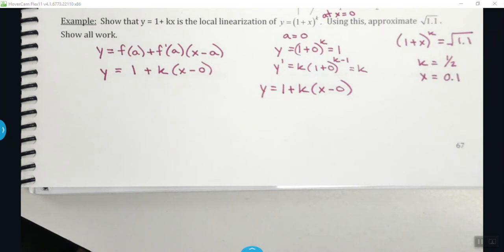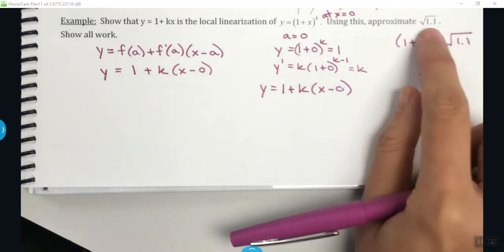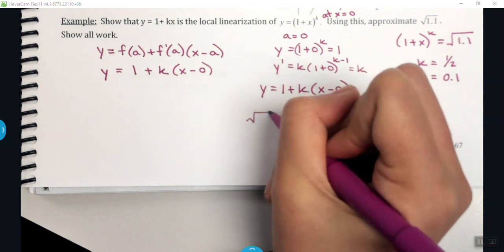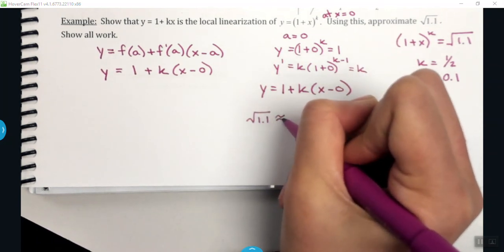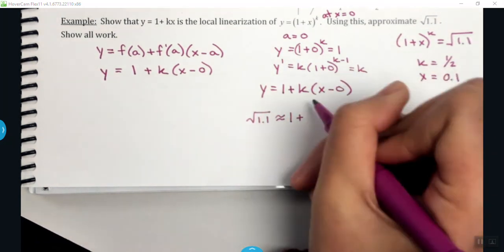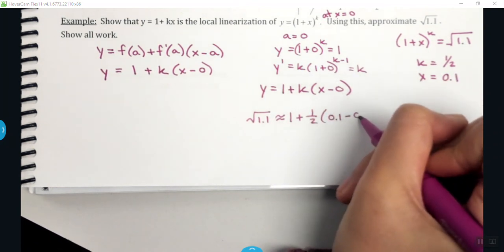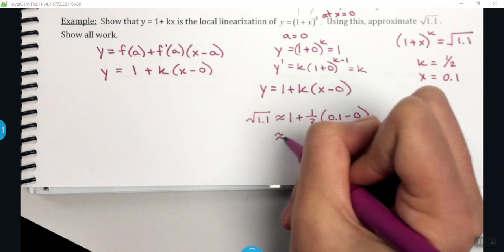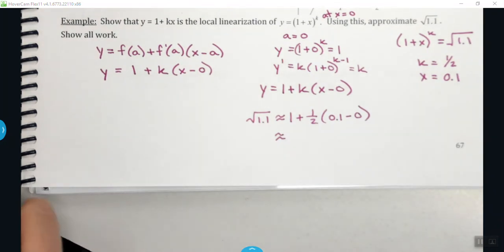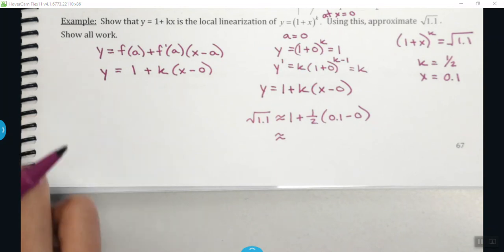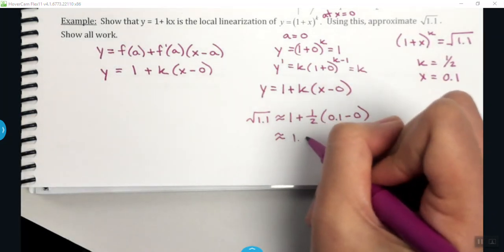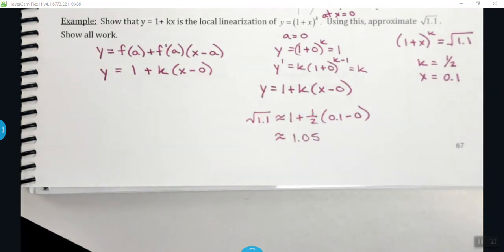Okay, and then if I want to approximate root 1.1, then root 1.1 is approximately 1 plus, plug 1/2 in for k, 0.1 in for x, and we get 1.05. And that's our approximation.